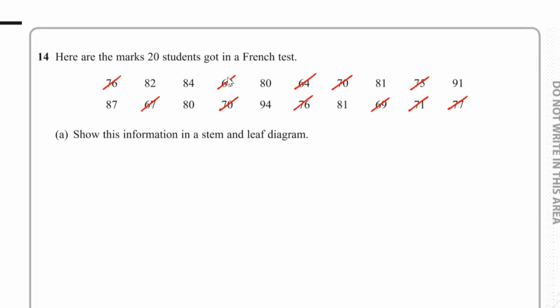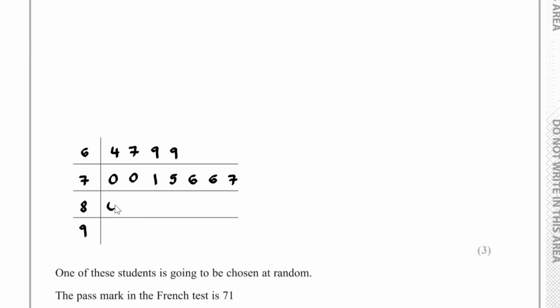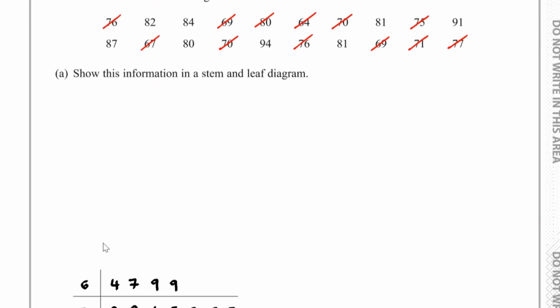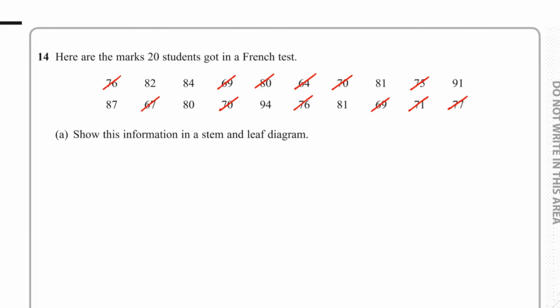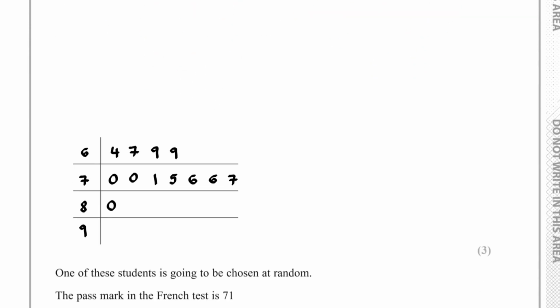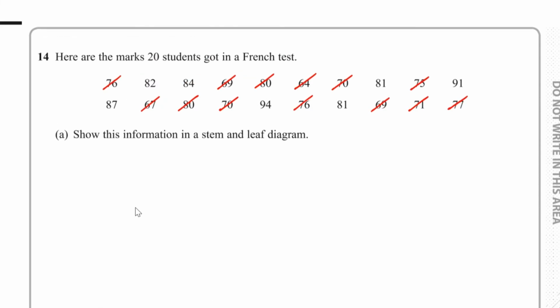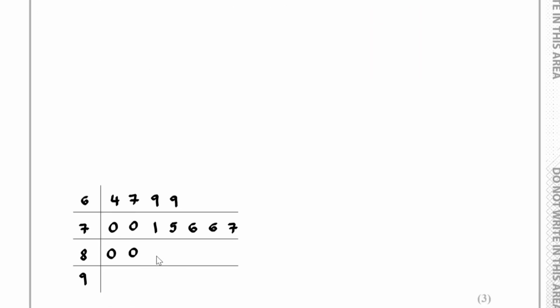Now in the 80s, well, we've got 80. So we put a 0 here. Then we've got another 80. So we have another 0 here. Then we've got 81 here, and we've got another 81 here, so that's 81 twice.